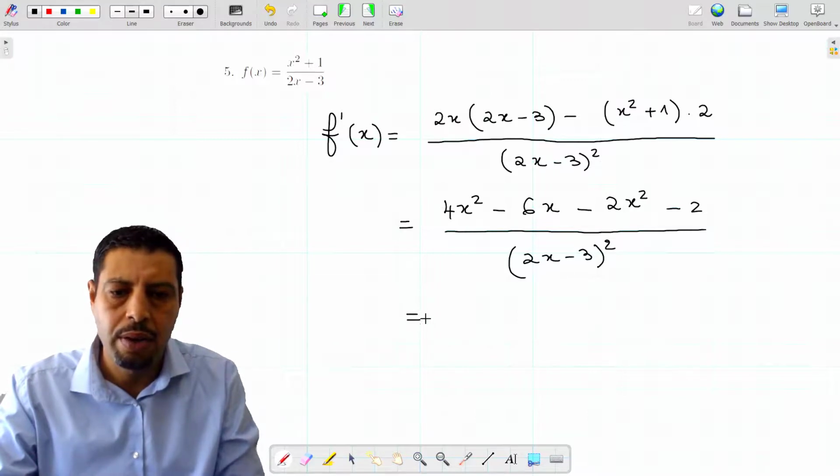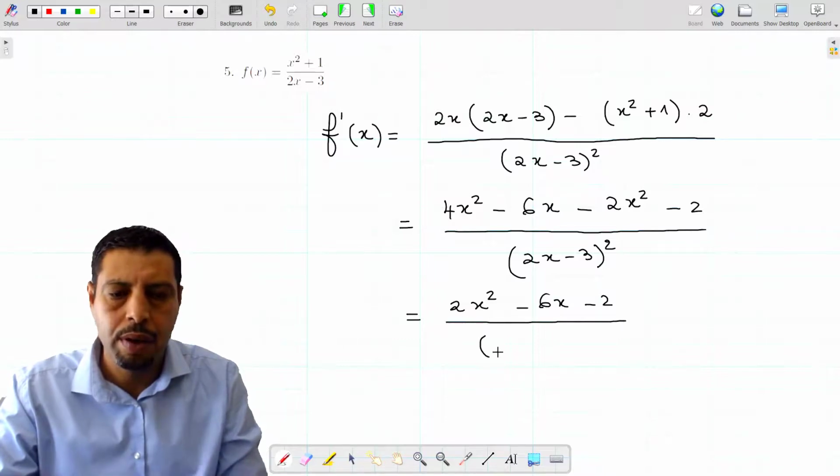Of course, we will group the similar terms. We're going to obtain 2x squared minus 6x minus 2 over (2x minus 3) squared.